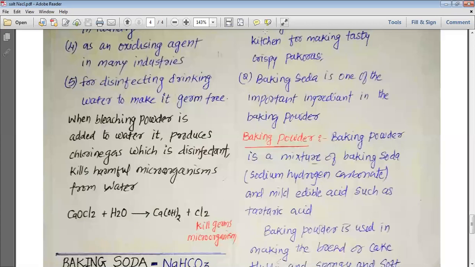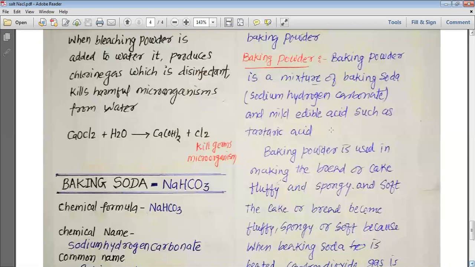What is baking powder, my dear students? Baking powder is a mixture of baking soda, that is sodium hydrogen carbonate, and mild edible acids such as tartaric acid. Baking powder is used in making bread or cake fluffy and spongy, my dear students.